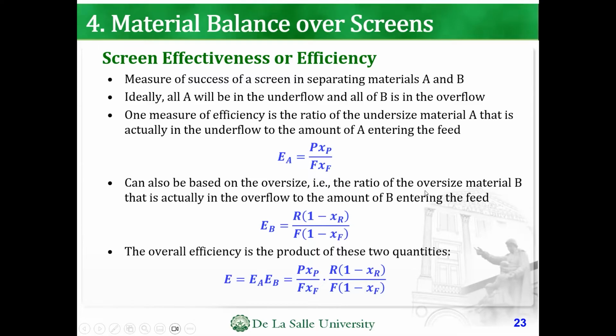So the ratio of the oversized material B that is actually in the overflow to the amount of B entering the feed. So it's 1 minus XR in the reject over 1 minus XF in the feed, that is EB. Therefore, the overall efficiency is the product of EA times EB, the product of those two quantities.